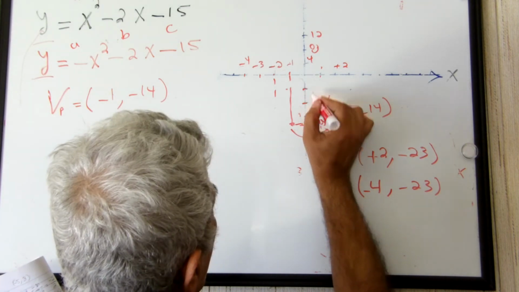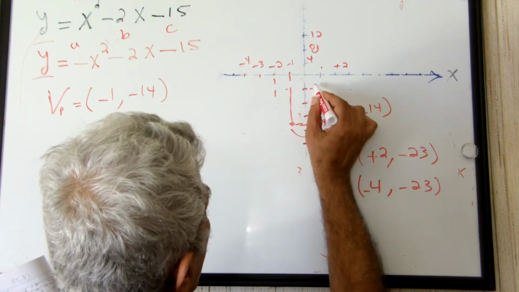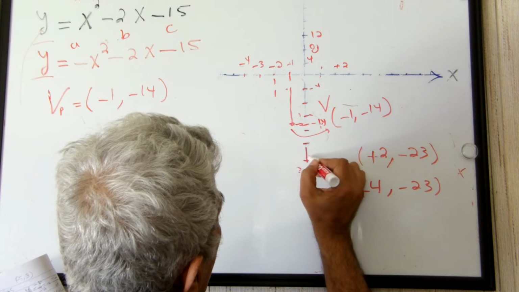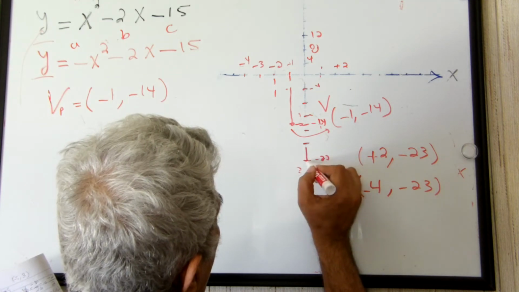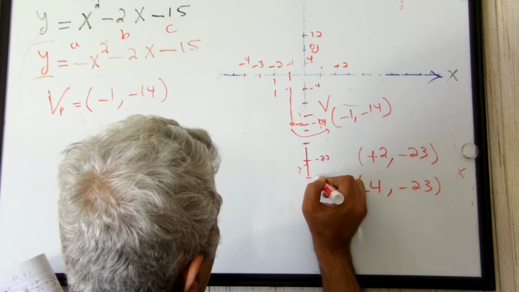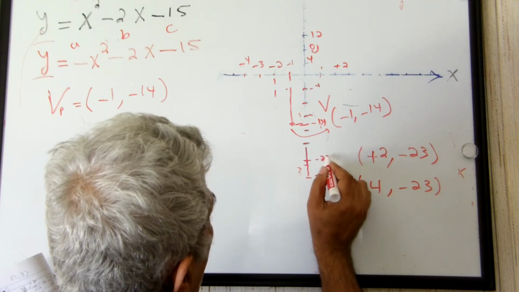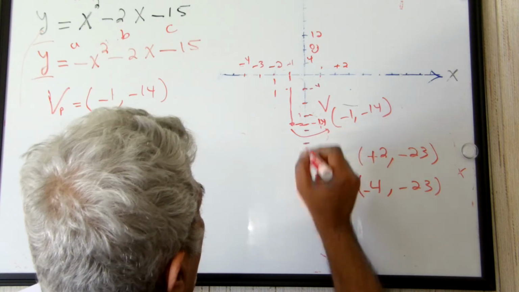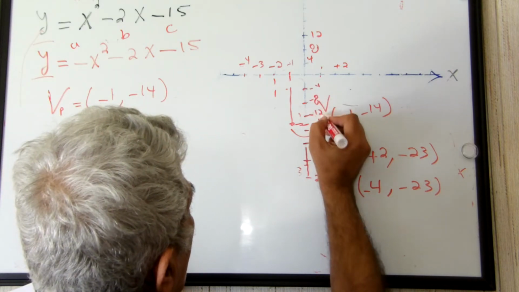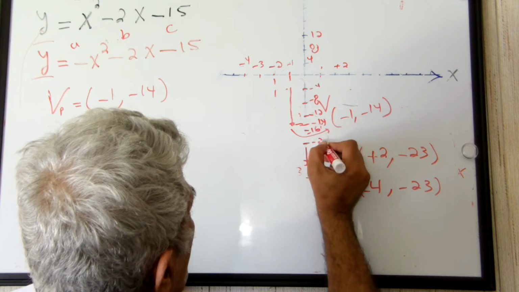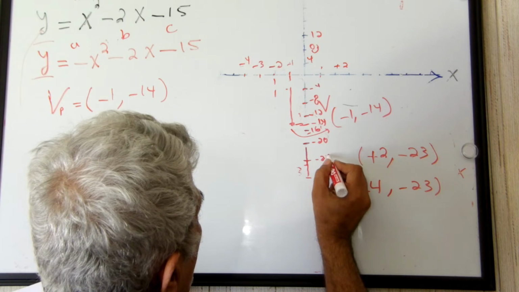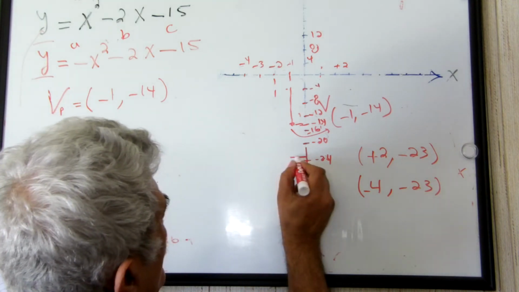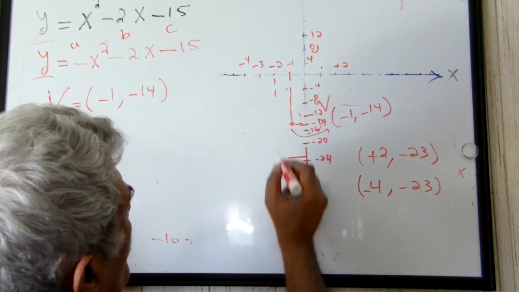Now let's see what it looks like here. On the y-axis we say minus 4, minus 8, minus 12, minus 16, minus 20, minus 24 here. Minus 23 is here, and then minus 4.